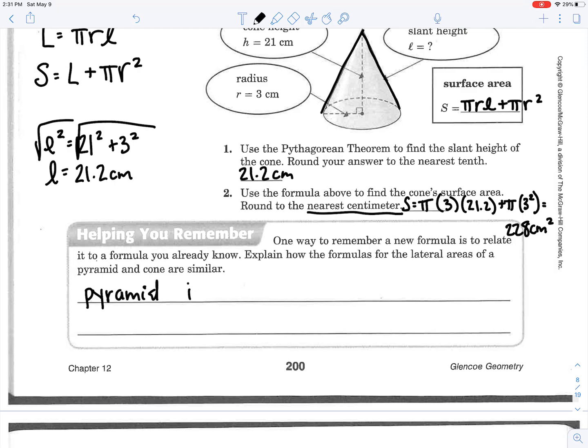A pyramid is half of a prism. We go from two bases to one base, and a cone is half of a cylinder. Again, a cylinder has two circular bases and a cone has one, so it makes sense that there's a difference there.